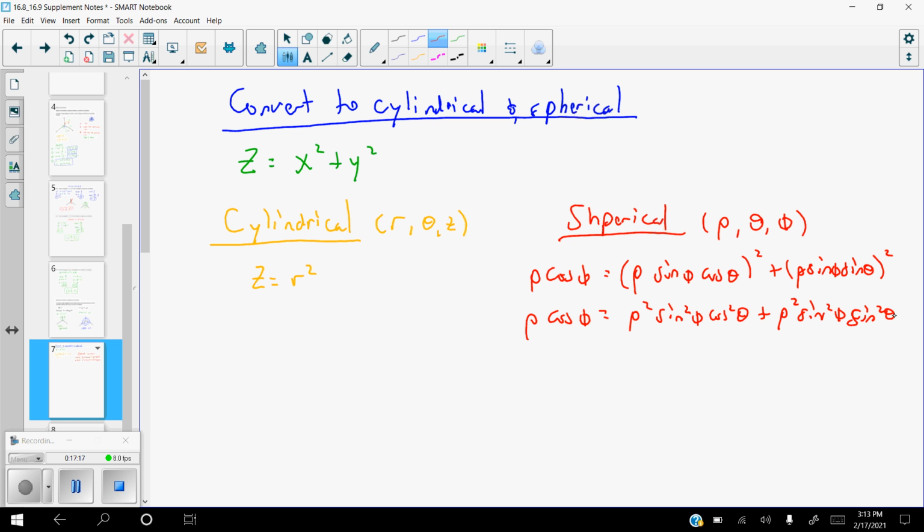Okay, the nice thing is I can factor a rho squared sine squared phi out of each term. And I'm sure you can probably already see what's going to happen. I'm going to get rho squared sine squared phi times cosine squared theta plus sine squared theta, which of course is 1.